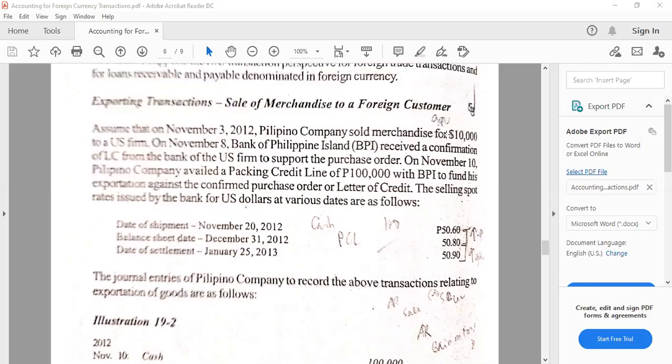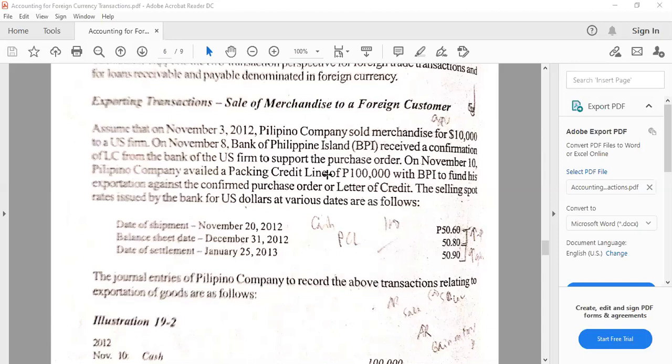Now, the company, of course, received a confirmation of LC from the bank of the US firm to support the purchase order. If you noticed a while ago when we did the purchase or import transaction, we entered into a letter of credit contract so that the bank will help us finance our import transaction, with charges, of course.